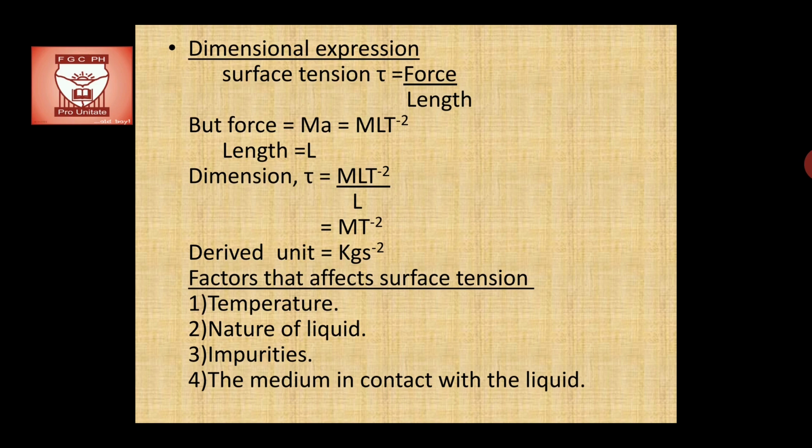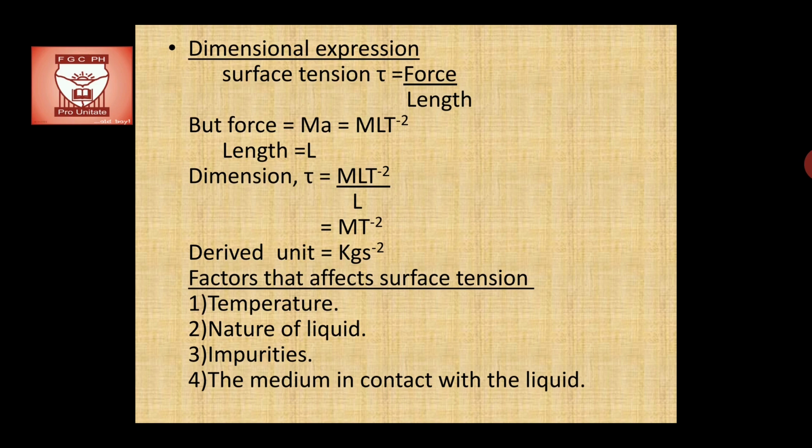So having it together, we have MLT to power minus 2. Then length, we represent it by capital letter L. Therefore, substituting it into that formula of surface tension, we have MLT to power minus 2 over L. All these symbols should be in capital letters. And that gives us MT to power minus 2, because L up and down will cancel out.